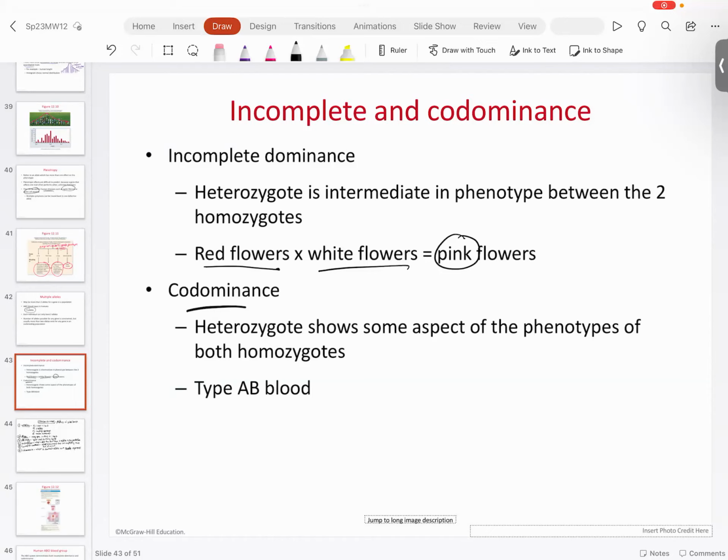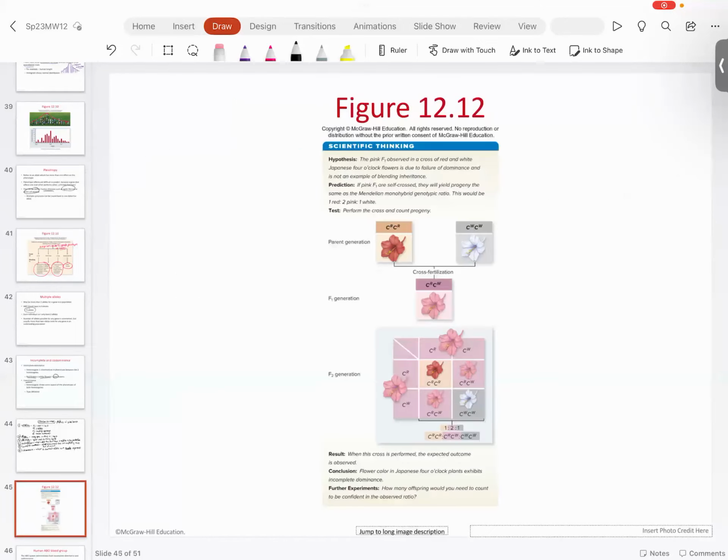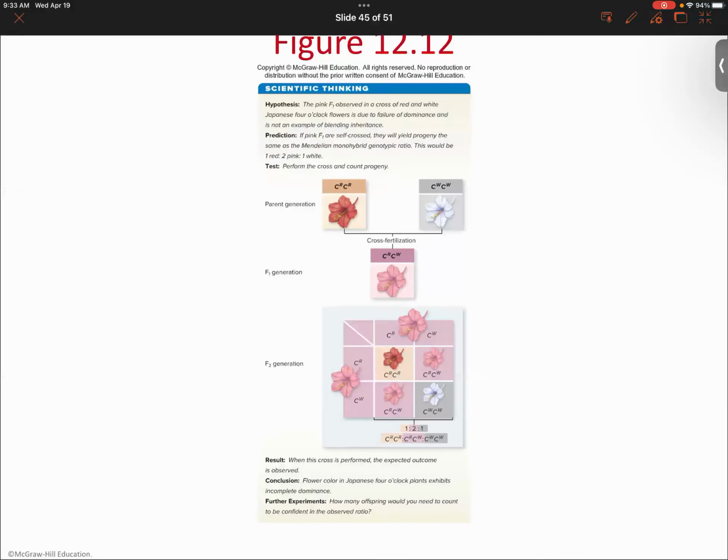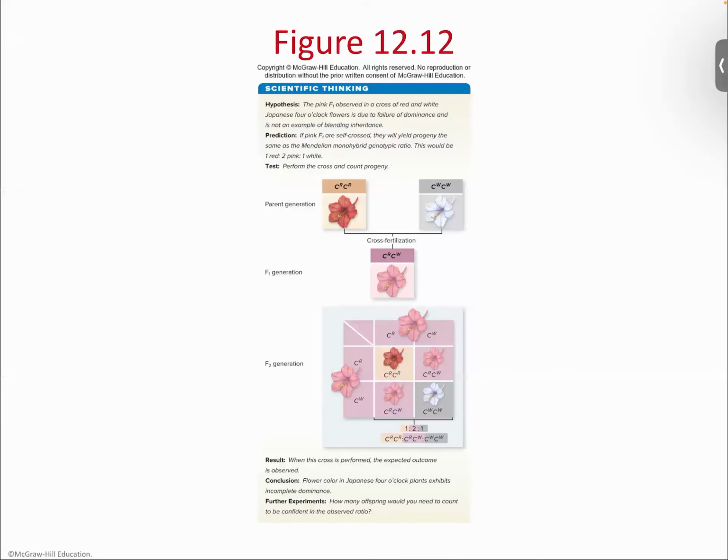So let's take a look at what incomplete dominance actually looks like by doing our familiar cross. So in this particular case, I'm going to blow this up a little bit. Here's our cross. Now, this is using four o'clock plants. And a couple things, first of all, notation-wise.